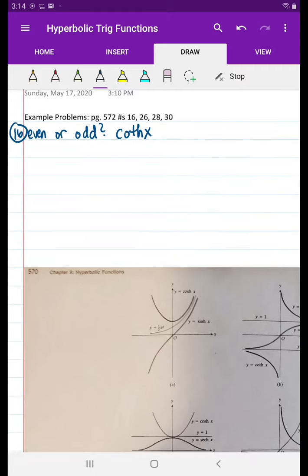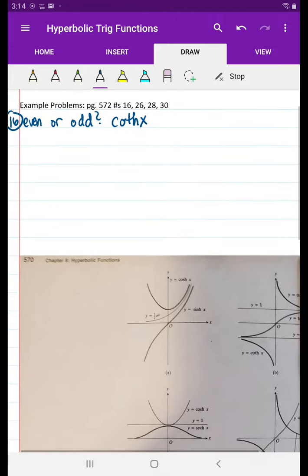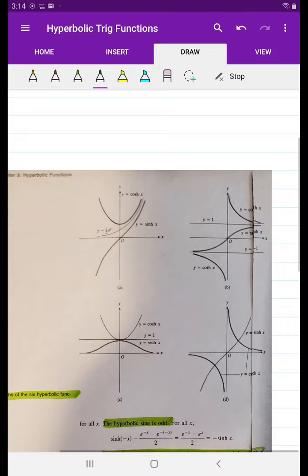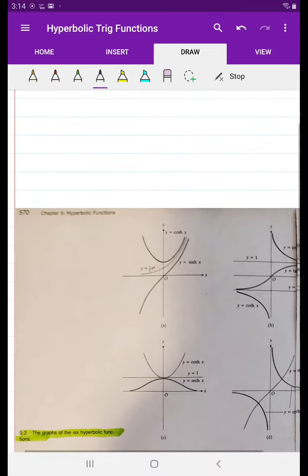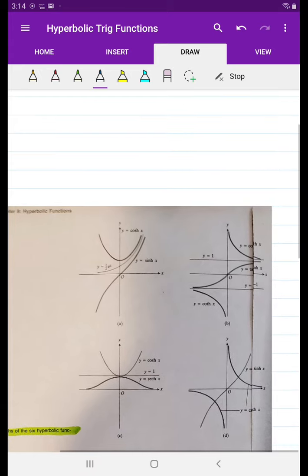Number 16 is asking about coth x, and so I copied the graphs from the trig functions into this OneNote page right here. My graph for coth x is right here, and it's this piece up here in the first quadrant and this piece down here in the third quadrant.